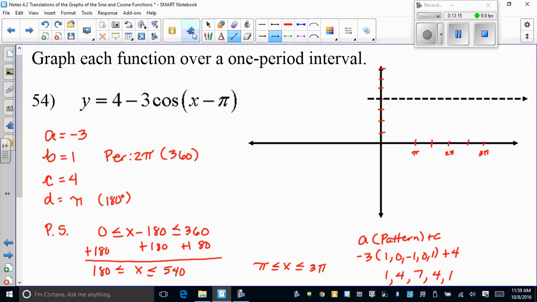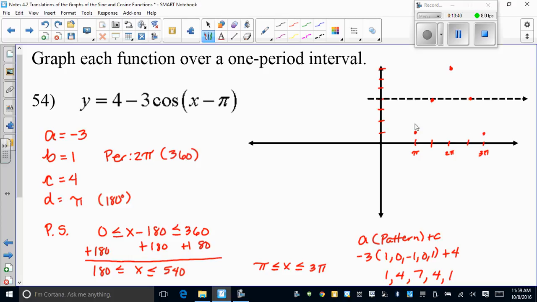Because if nothing else, if you think of this being your new 0, you're just going up and down 3. So at pi, I should be at 1. And then I'm going to go up to 4. Then up to 7. Back to 4. And then to 1.